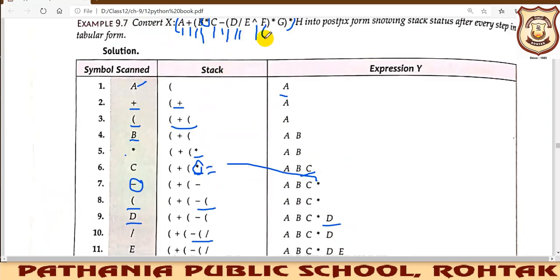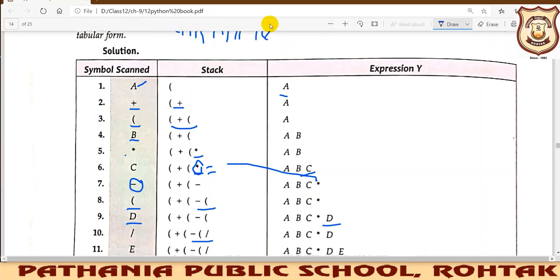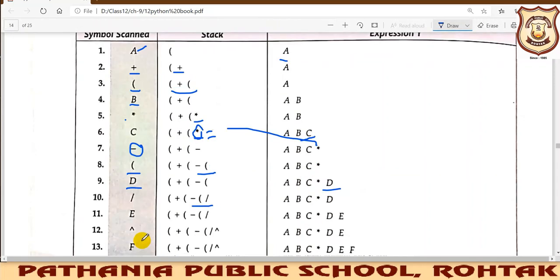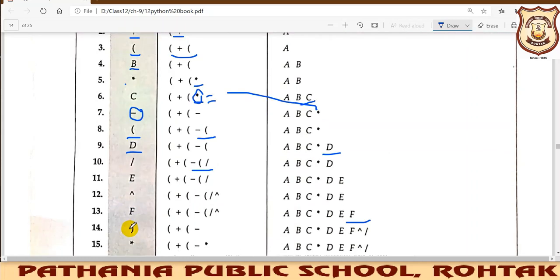Next is your closing bracket. As you encounter the closing bracket, what will happen? We will shift all the operators inside it. We are at this step. When you encounter this closing bracket and it approaches the stack, whatever elements are inside these brackets will be shifted to the expression.